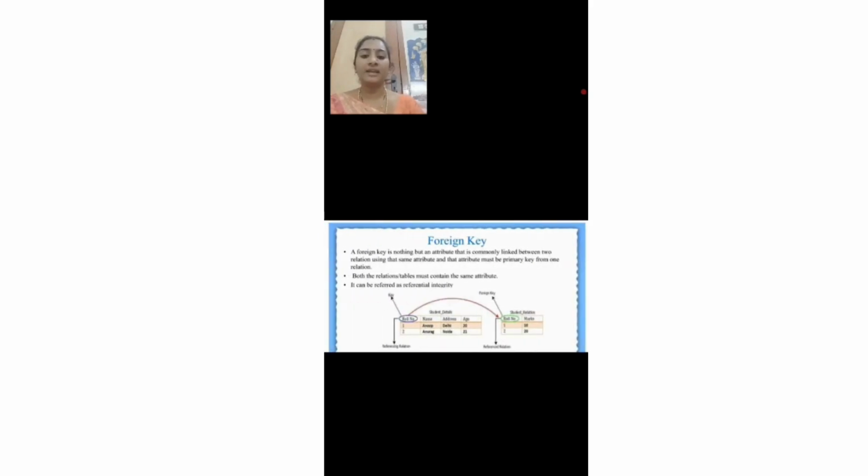For example, when the PAN number is collected for an individual, that is enough to get their full data; the voter ID and passport are not required, right? A candidate key other than the primary key is called an alternate key.